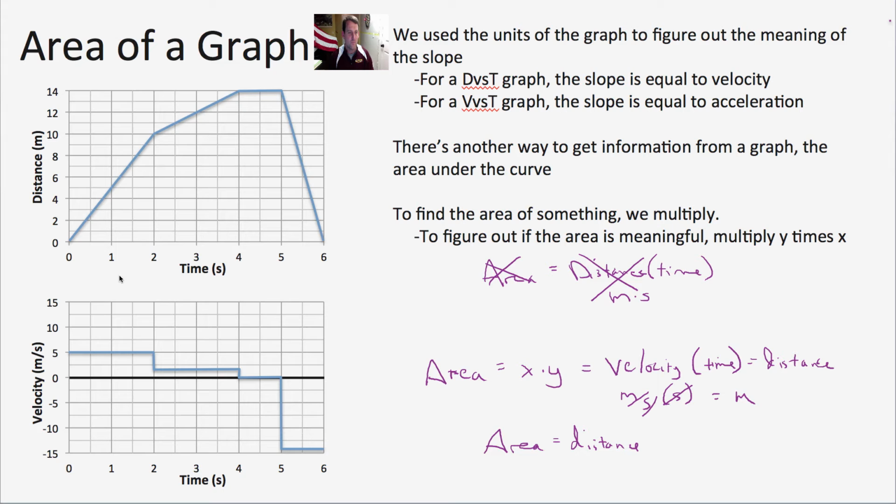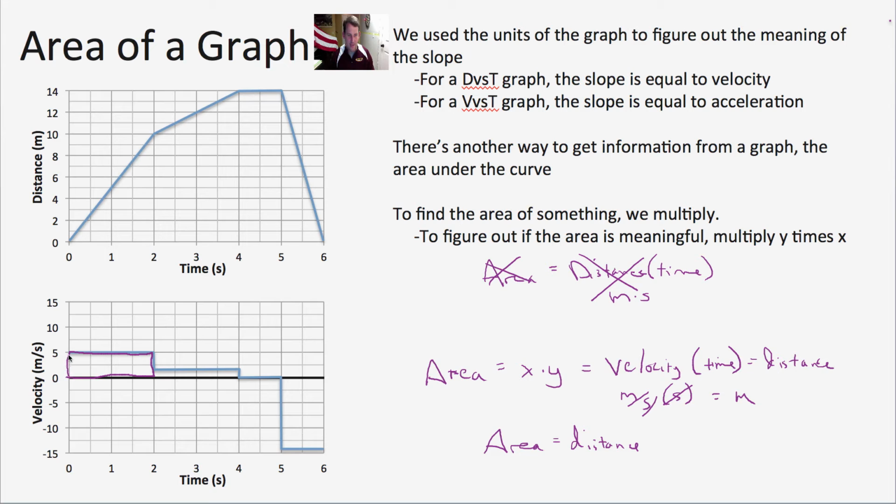Let's take a look here. So in the first 2 seconds, from our distance time graph, we can see we went from 0 up to 10 meters. So if we find the area in the first 2 seconds under the curve, that's between 0 and the line, here's that area right here. I'll box it in. If we find this area, let's do it real quick.